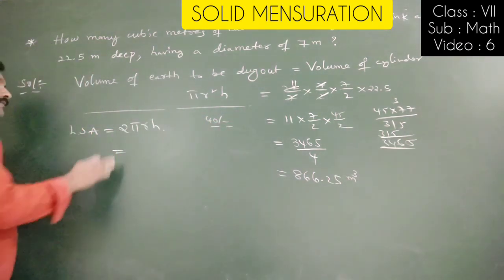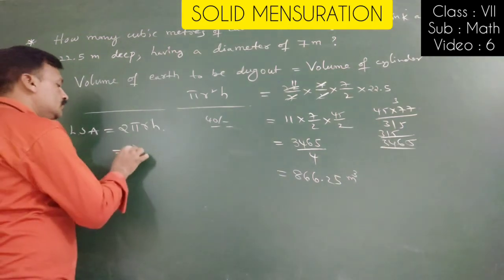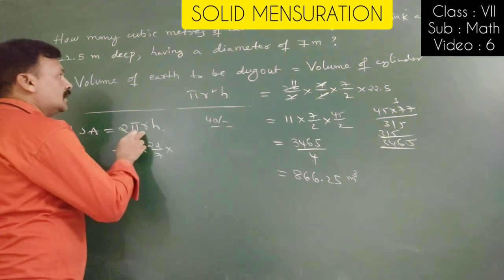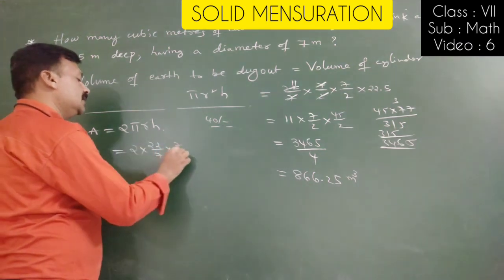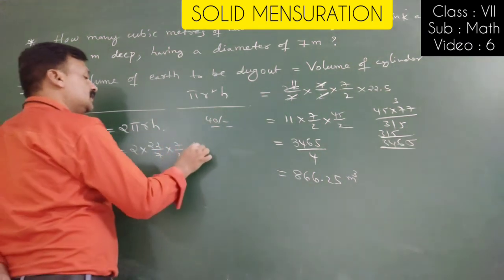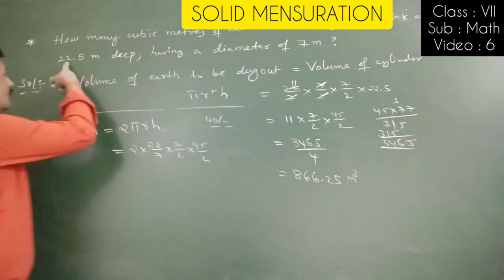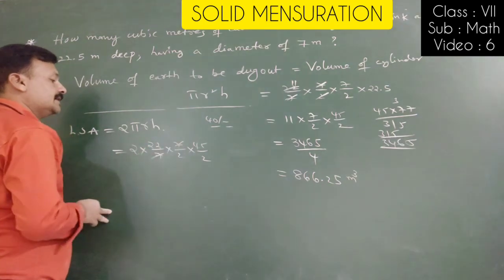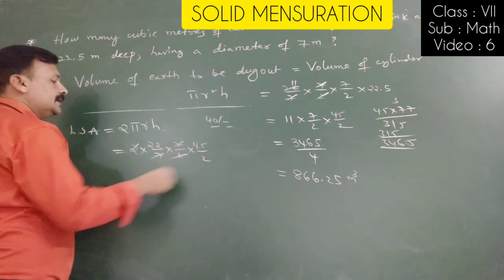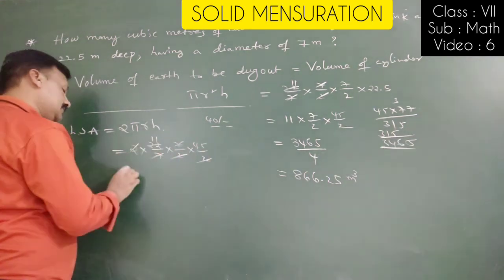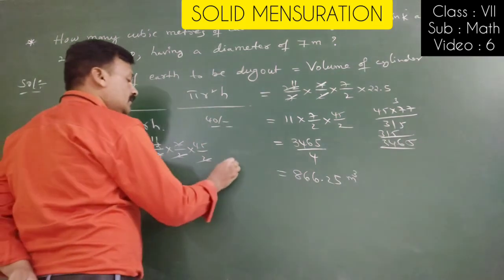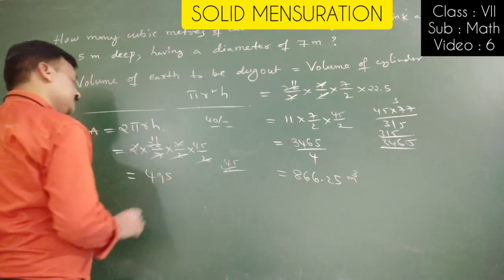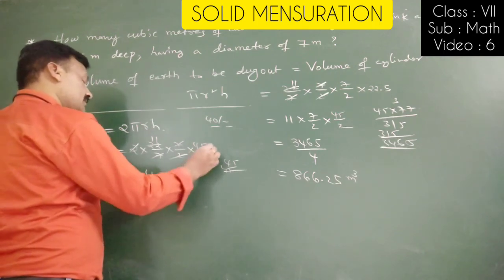So we need to find the cost. Here 2 pi means 22 by 7, r is given as 7 by 2, h is 45 by 2, that is 22.5. Here 7 and 7 get cancelled. Now 2 and 2 get cancelled. Here 11 times 45 is 495 meters square.